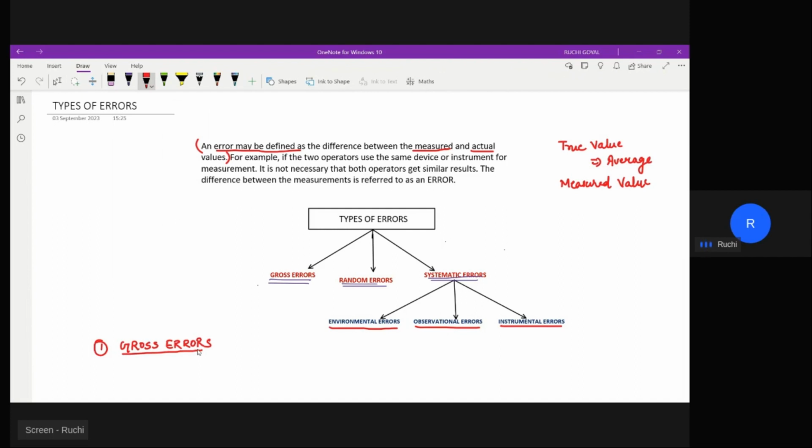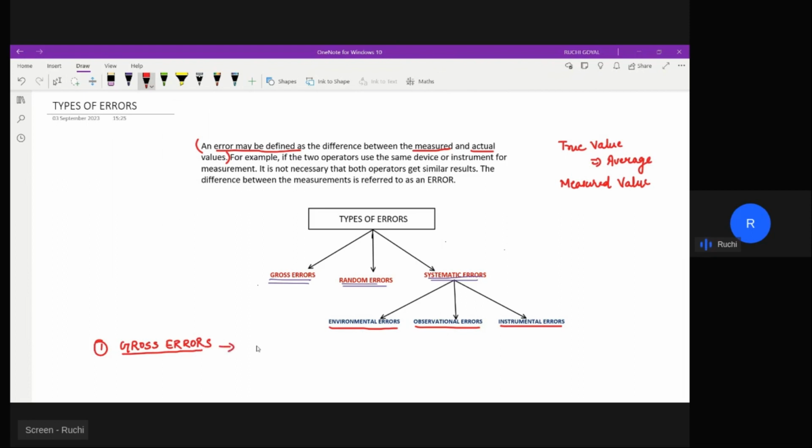When do gross errors arise? Firstly, we have to know it takes into account human oversight. Suppose we made a mistake while reading or while taking the recordings, then we have this type of error. The most common human error is measurement error, which comes under the category of gross errors, right?